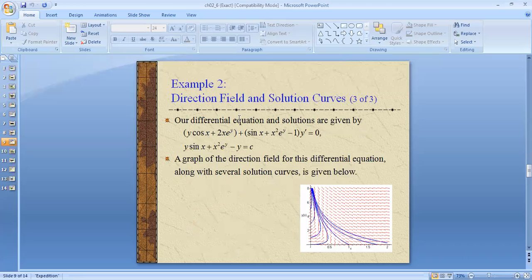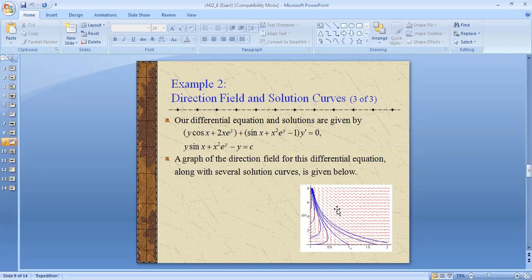Now we can plot different direction fields and solution curves for this differential equation. A graph of the direction field for this differential equation along with several curves is given. Actually, for several values of c we get these types of curves, because there is a sin x and the equation is transcendental.